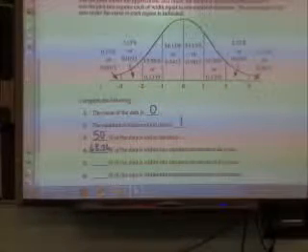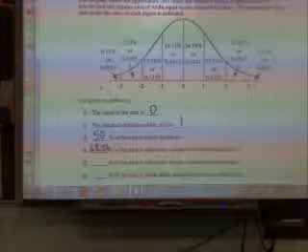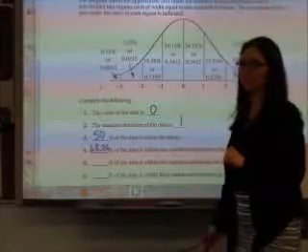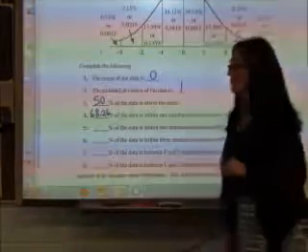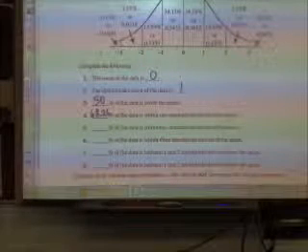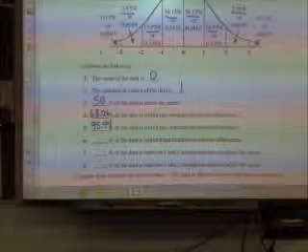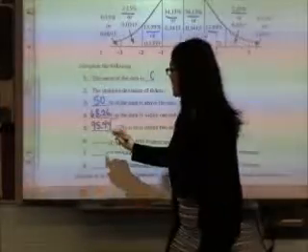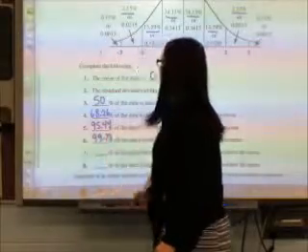What do you get? So I got 99.44 within 2 standard deviations, and then you said 99.74 within 3.